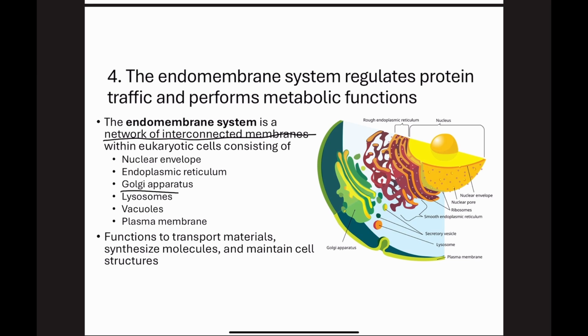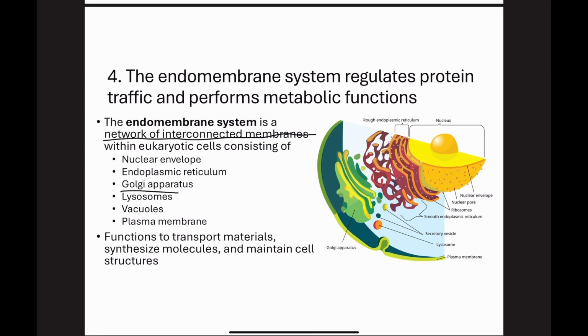And the last component of the endomembrane system is the plasma membrane, which is going to control what enters and exits the cell. So the overall function of the endomembrane system is to transport materials between organelles. It's to synthesize molecules, including proteins and lipids, and it's important in the maintenance of cellular structure by compartmentalizing different functions.